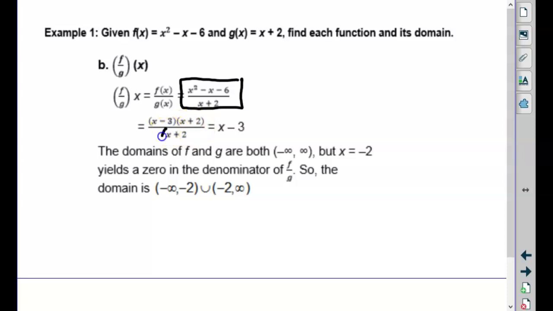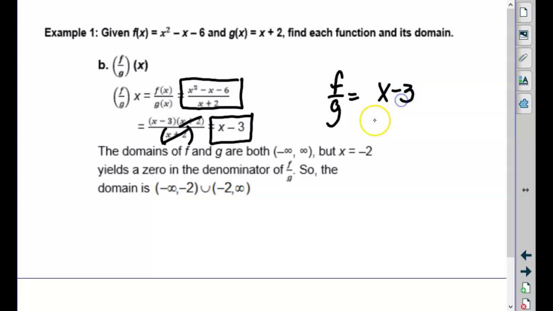But if you factored the top, there's an x plus 2 and an x plus 2, you can cancel that entire quantity. So this reduces to x minus 3. F over g is just x minus 3. But the domain restriction that happened at the beginning still exists. So you would have to say where x cannot equal negative 2. I'm not going to put that on a quiz, but that is how it works, okay? If it wasn't in the domain earlier on, it's still not.